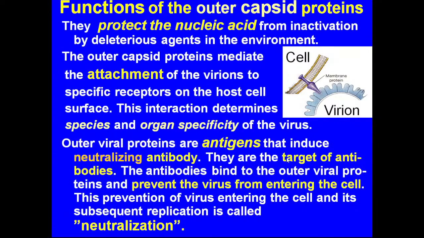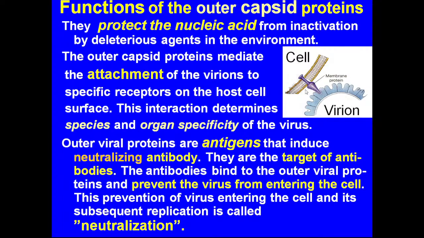So, again, a few words about the function of the capsid proteins. You see, is this a naked virion? The capsid proteins are responsible for attachment to the cell surface membrane protein. That is how the first step of interaction between virion and the cell happens.